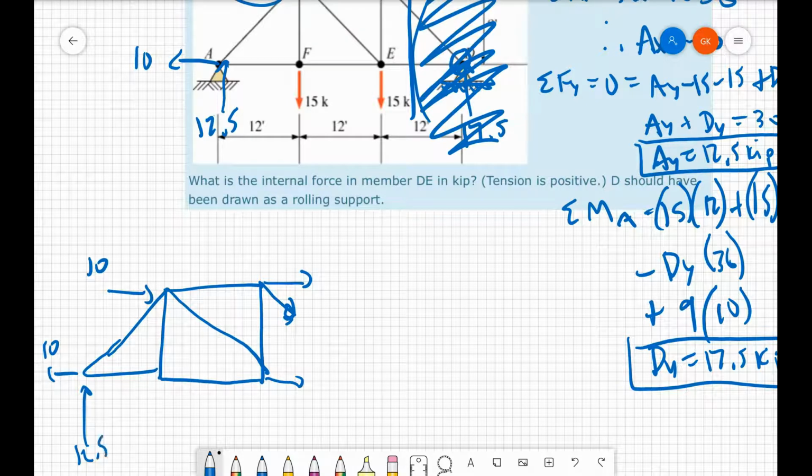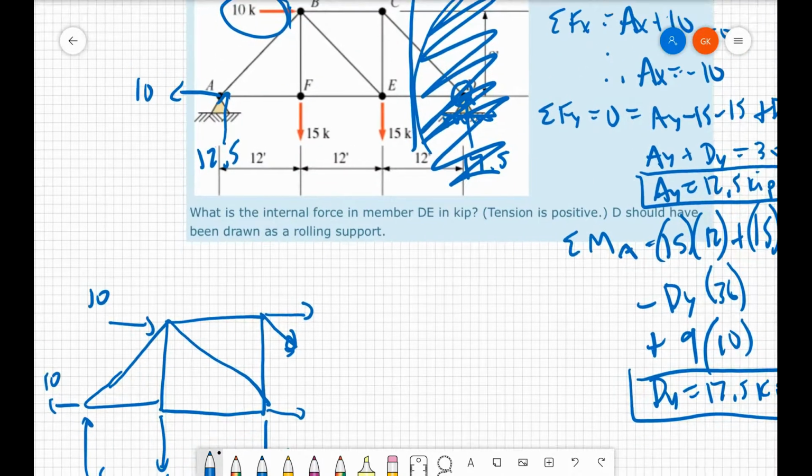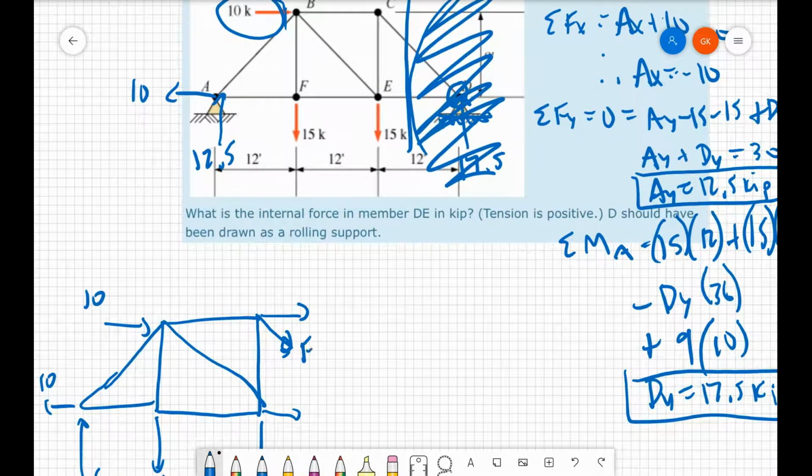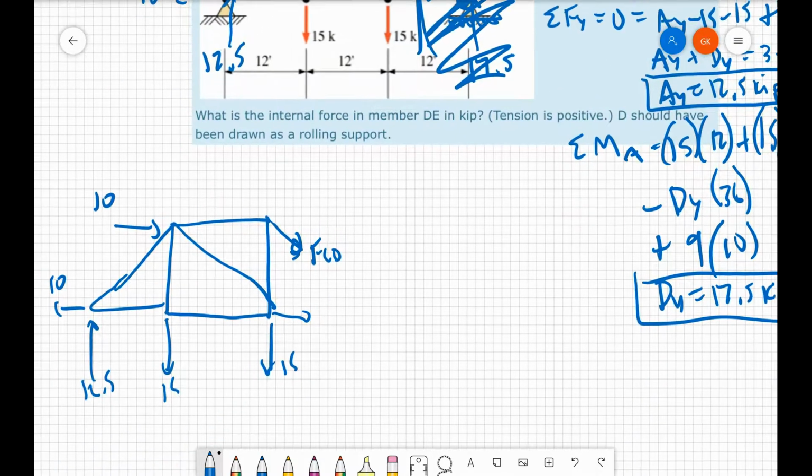That's 12.5. 15. We have two forces we don't really care about, which are force CD, which we solved for last time. Oh, there's not even one right here. I was just drawing it incorrectly. Okay, and we have this unknown, which you do care about, force DE.